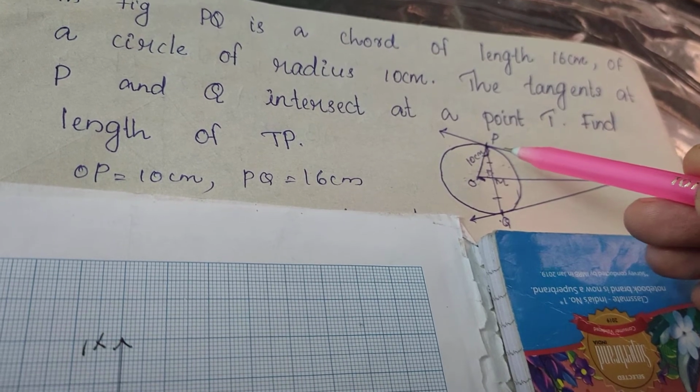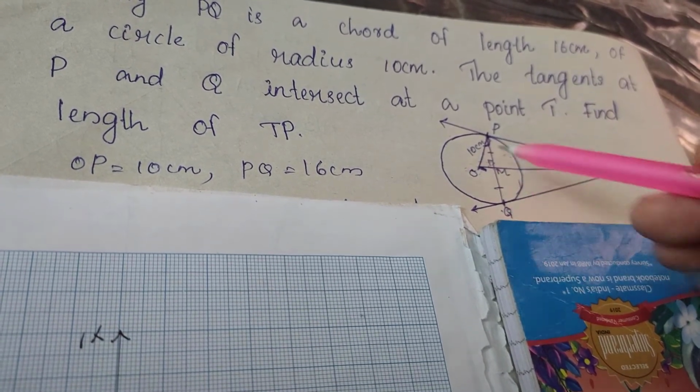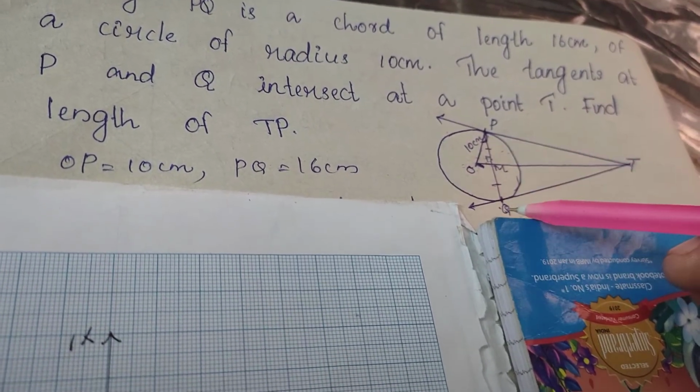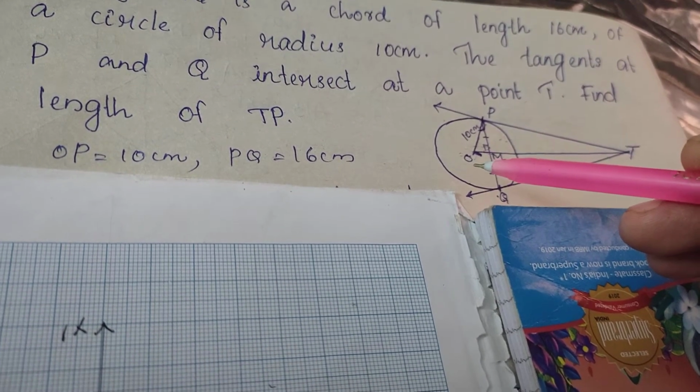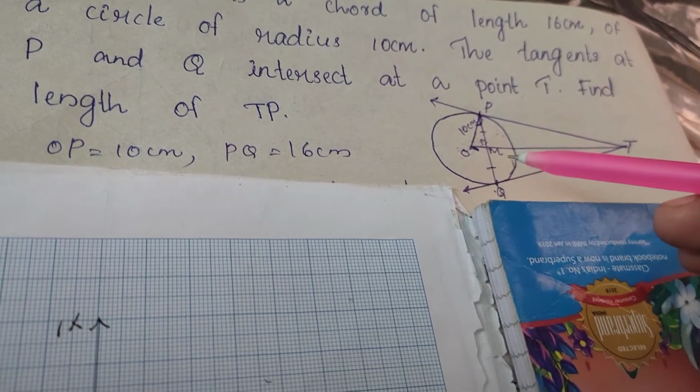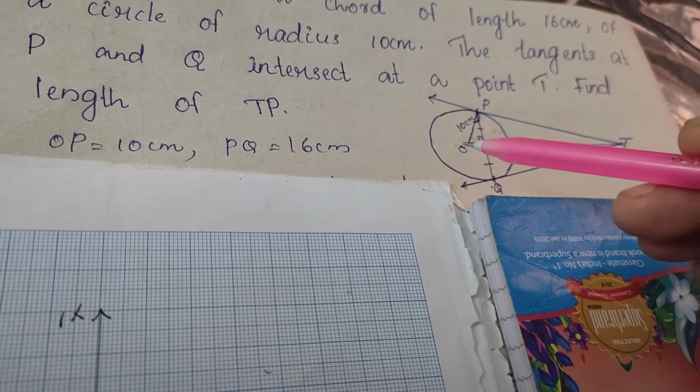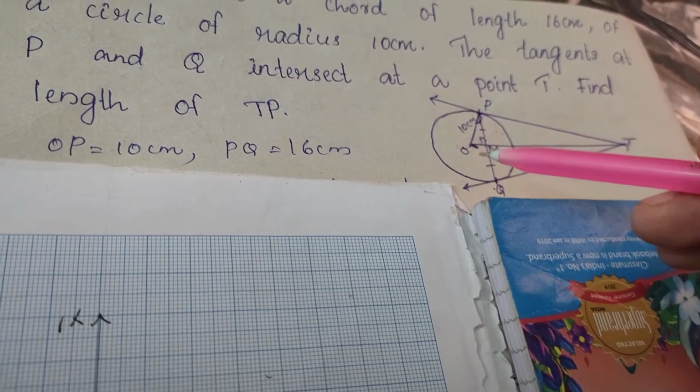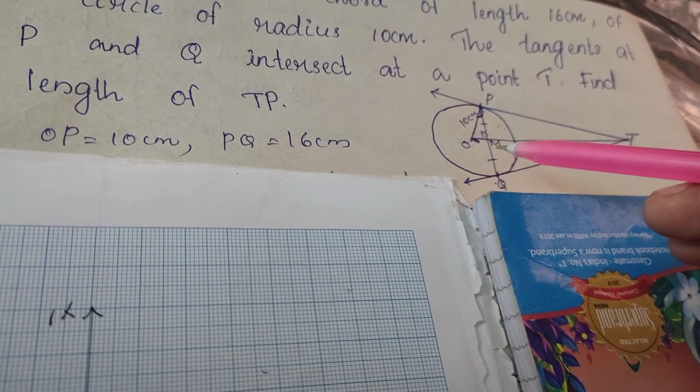Consider the chord PQ. O is the center of the circle. OM is a perpendicular from the center.